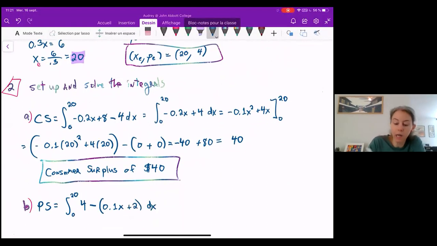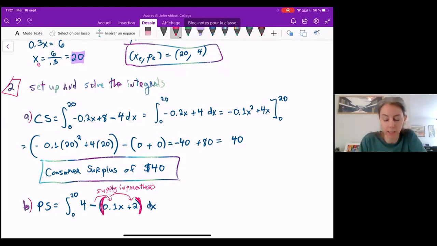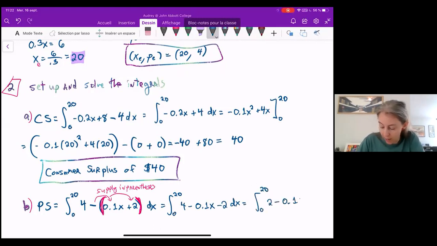Now I want you to be really careful here because that supply function needs to go in parentheses because we are subtracting it, which means that negative is getting distributed to both things inside. So this is the integral from 0 to 20 of 4 minus 0.1x minus 2, which is the integral from 0 to 20 of 2 minus 0.1x dx.